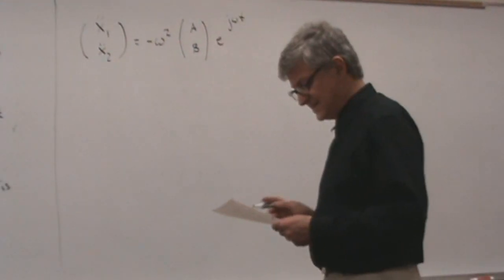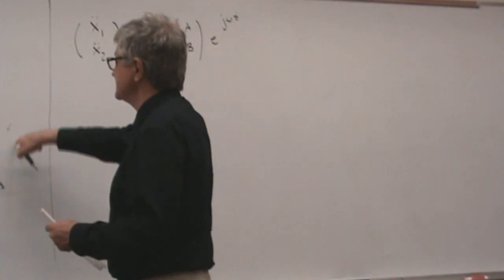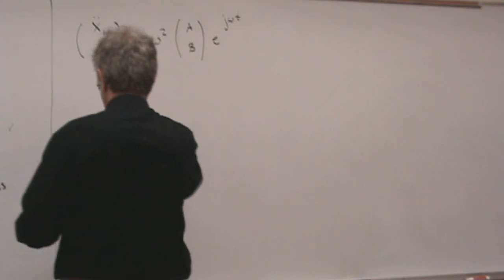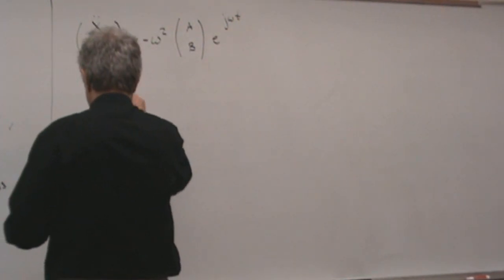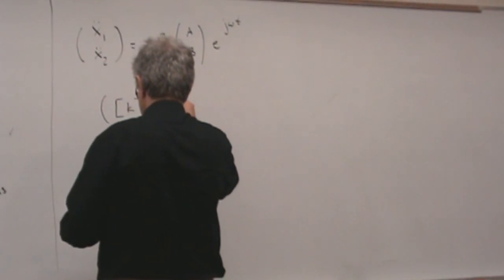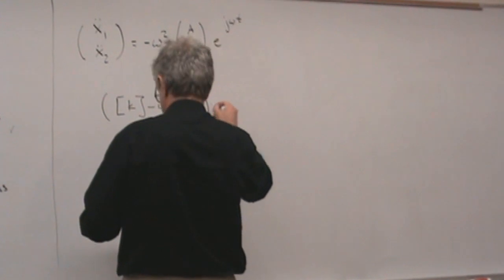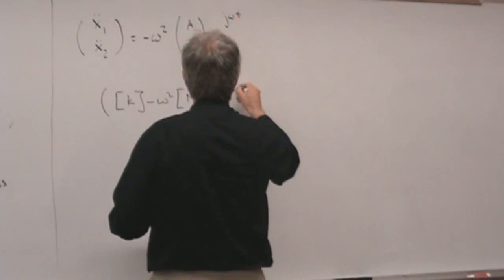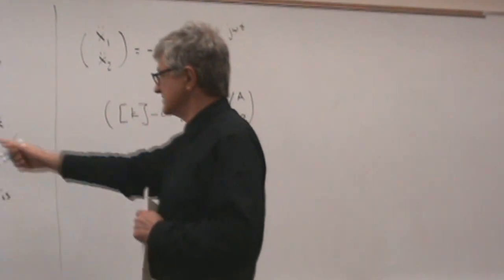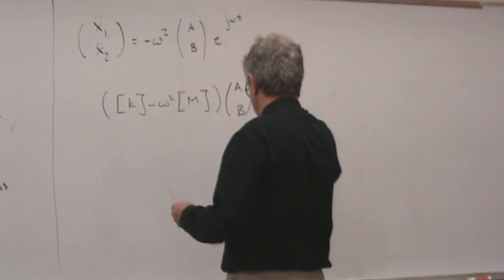Okay. If you put these two expressions in the equation of motion, then you get this equation. Stiffness matrix minus ω squared times the mass matrix, times the vector of these two coefficients, is equal to 0. Okay?